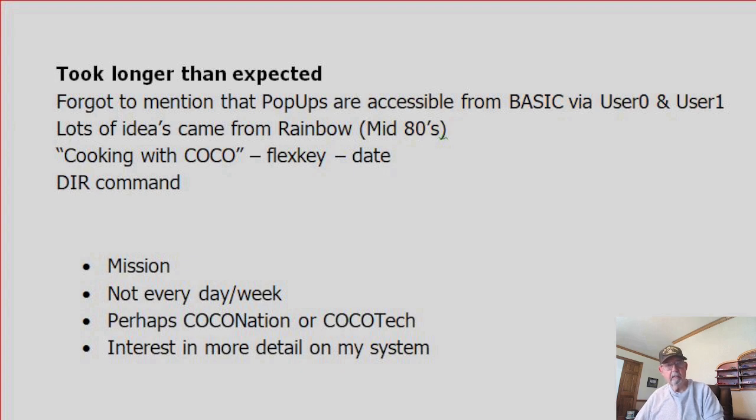One series was a 4-part series called Cooking with CoCo. I believe that's where the flex key was originally introduced, and the date stuff. The dir **** was another issue, but I believe you had to load it into memory whenever you wanted to use it. It wasn't in memory all the time like the one I put together.